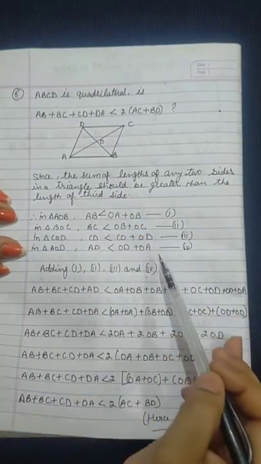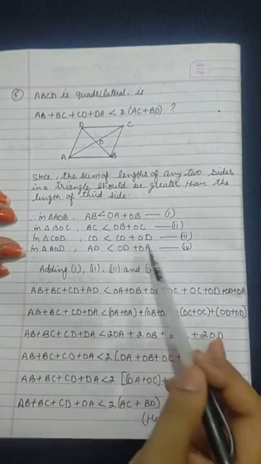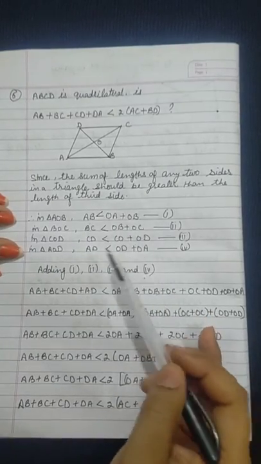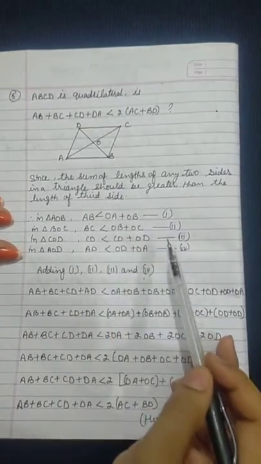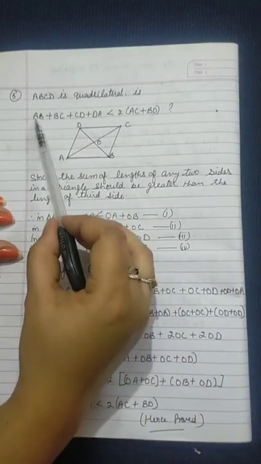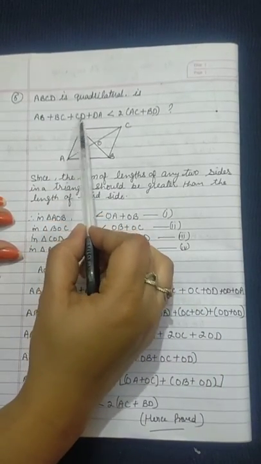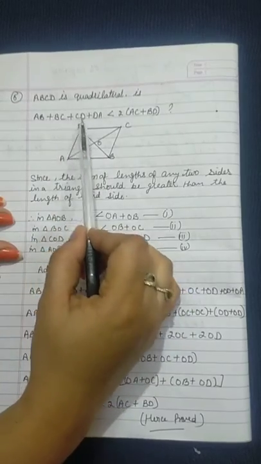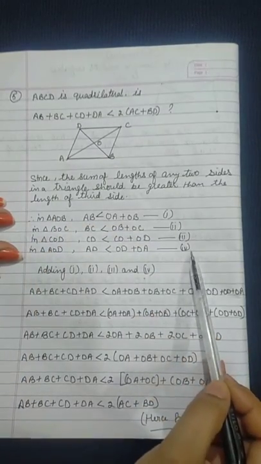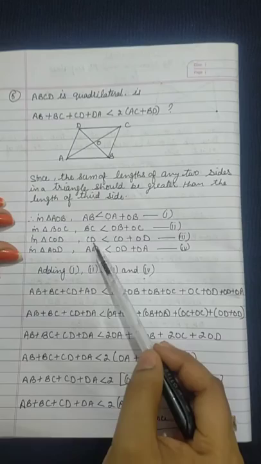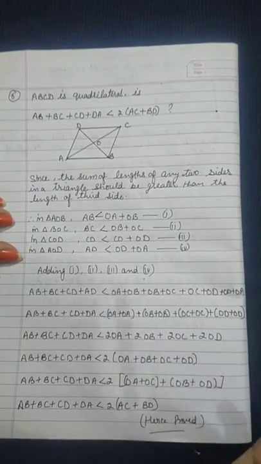In this way we write all four parts. According to the sum I want AB plus BC plus CD plus DA, so I will add all these four parts, since AD and DA are the same.